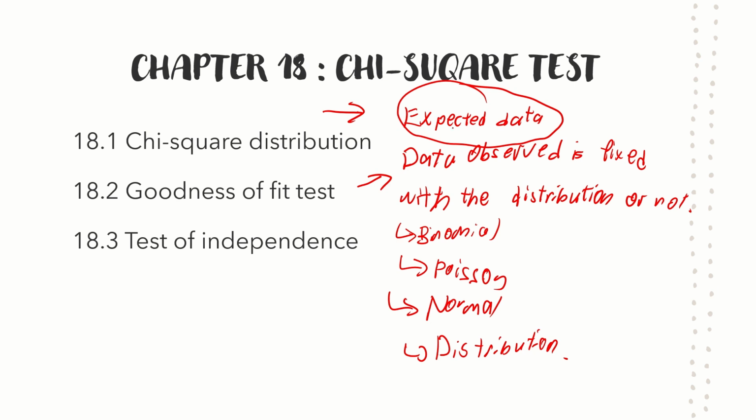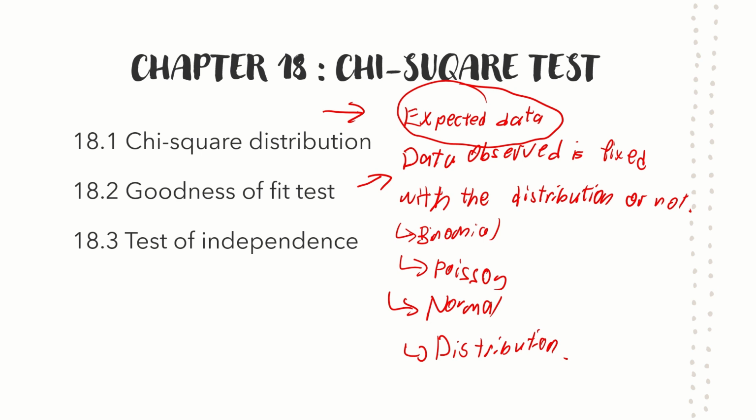There is a formula you can use to calculate it. The observed data is already given in the question, so you don't need to calculate. So you have to know whether the data fits the binomial distribution, Poisson, normal, or any distribution.